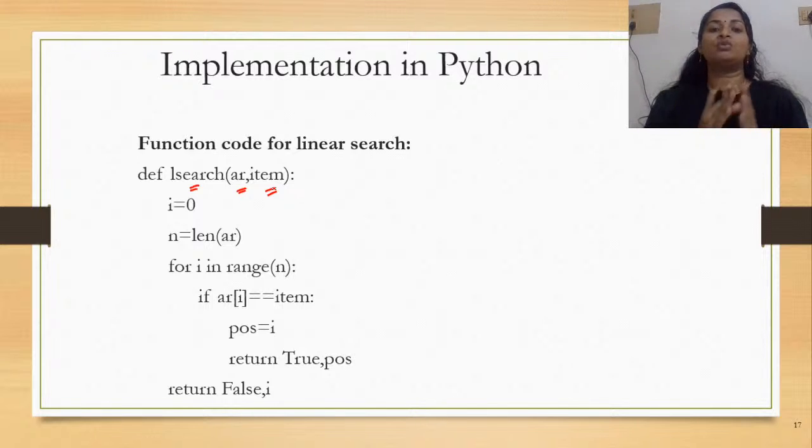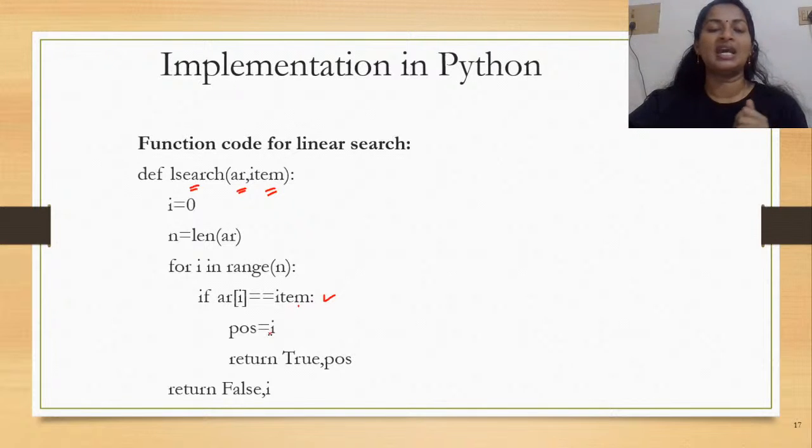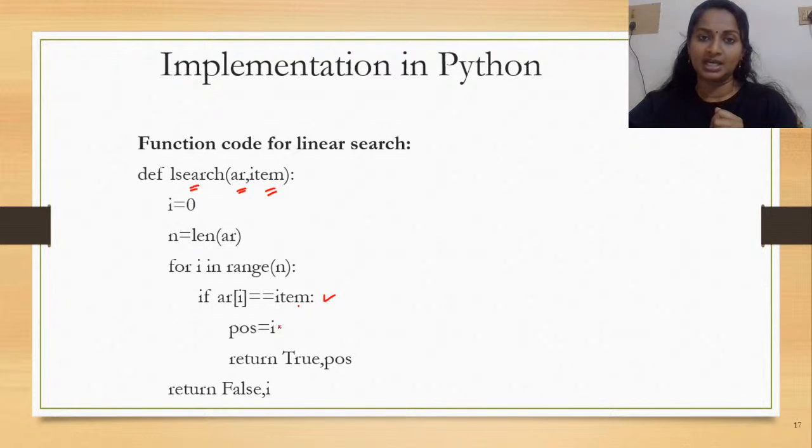First you have to set the values of the starting index as well as the ending index, and inside the loop you will have to travel each position one by one. As you visit each position, you need to check whether the element in the list is equal to the element in the variable item.